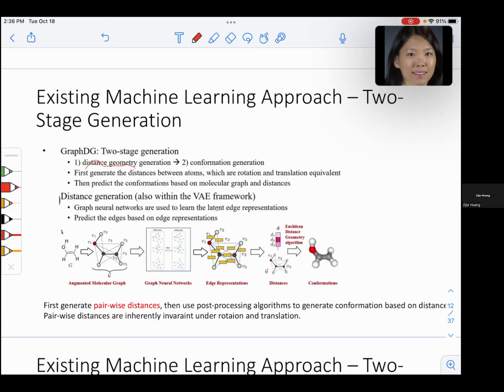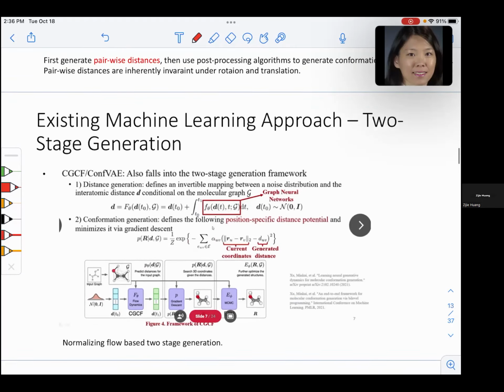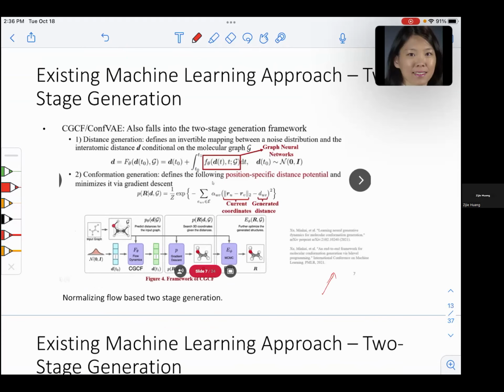This two-stage generation approach in general, including the newest one developed using a normalizing flow-based method, all share the benefit that they can naturally guarantee the equivariance property by predicting the distance first.